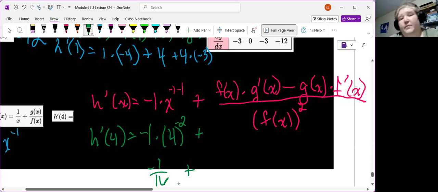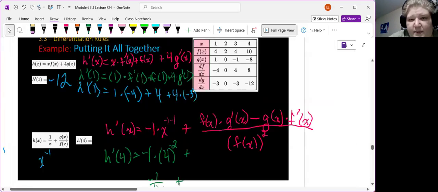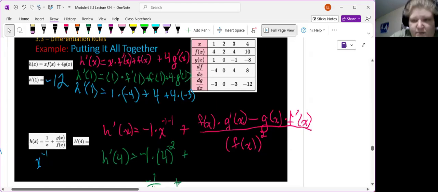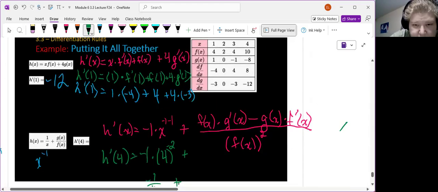Plus. So now we have f of 4. F of 4 is 10. G prime of 4, G prime, when x is 4, is this -12.